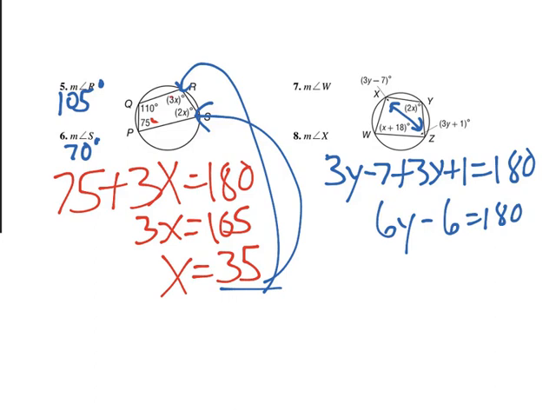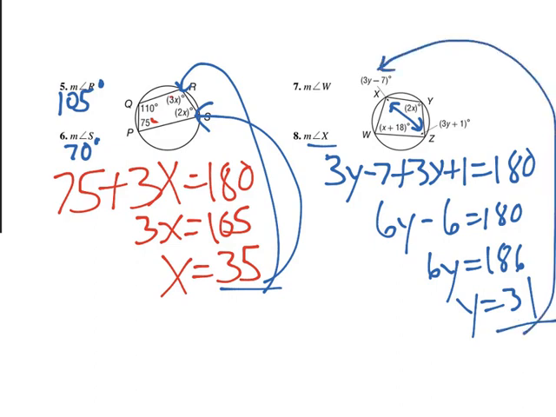So I do 180 plus 6, which gives me 186. Then divide that by 6, and y is going to be 31. Now, I didn't need y. Why did I? Because you can still use it to find x. Plug in 31, so 3 times 31 minus 7 is going to be 86. So x is going to be 86 degrees.